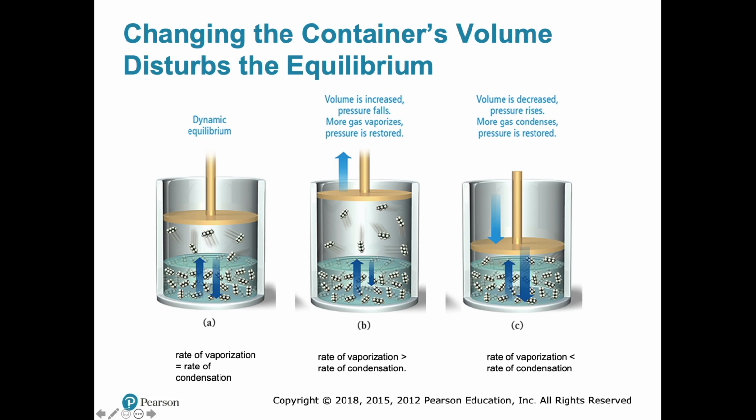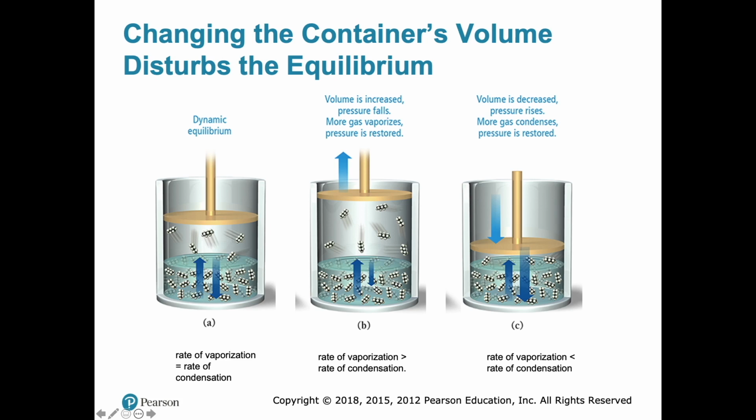So, like even in your dishwasher, now I have a sanitation mode on my dishwasher. That's because you can get up to boiling water in the dishwasher, but you can't get up to 121 degrees boiling water, right? So, long story short, when they are evaporating and condensing at an equal rate inside this closed system, that's called the dynamic equilibrium. When you increase the volume, you get a decrease in pressure, right?